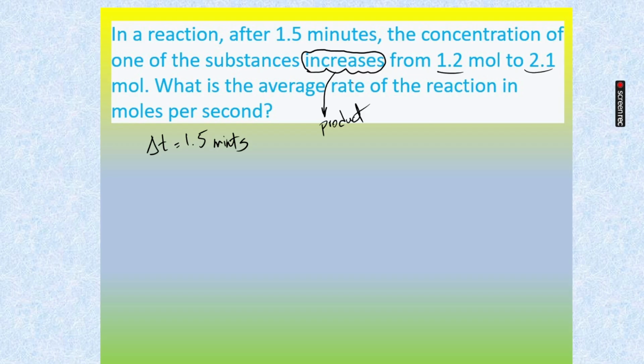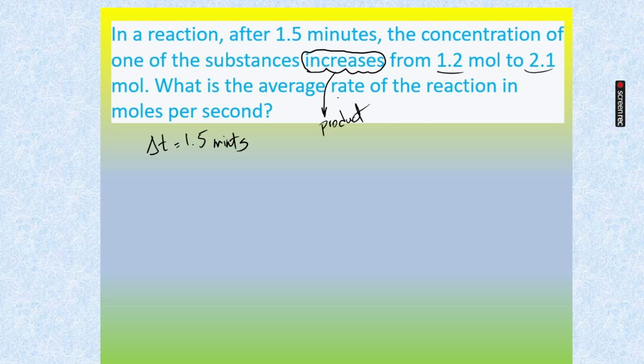If this question did not say increase, just substance from 1.2 mole to 2.1 mole, you would have to say, oh, it's a product because the concentration is increased. But it says increases, so it should be a product.